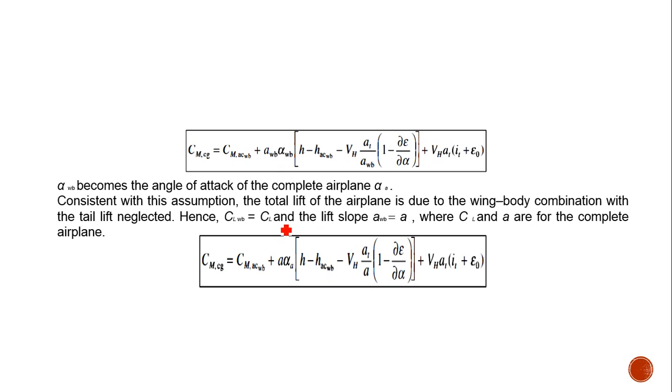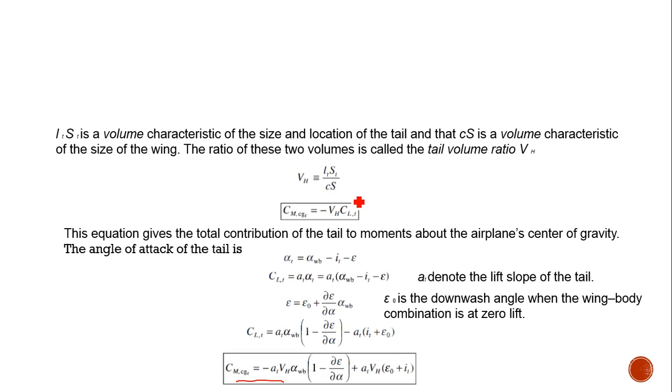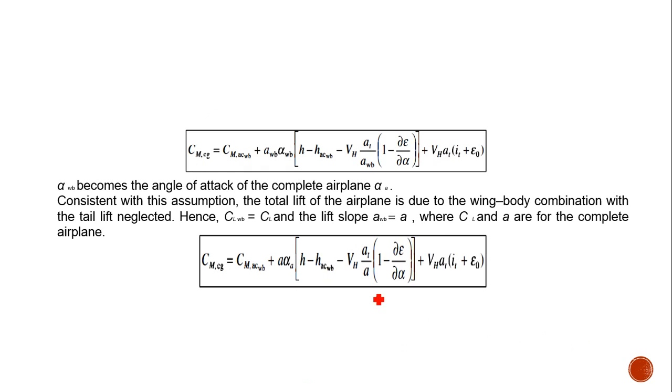Now I am substituting the whole values into this equation. Moment about the center of gravity of the tail is equal to minus AH VH into alpha B. So the equation becomes CMACWB plus AWB alpha WB into H minus HACWB minus VH into AT divided by AWB, because I am taking the whole term as common, into 1 minus dou epsilon divided by dou alpha, plus VH AT IT plus epsilon naught.